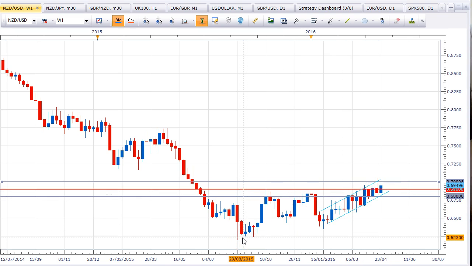So if you were to say that such a long devaluation of the Kiwi dollar led to a bottoming out, this would be a good buying opportunity. If you believed and had proof from price that indeed it was moving away from this bottom and it wasn't just a correction leading to a continuation to the downside.